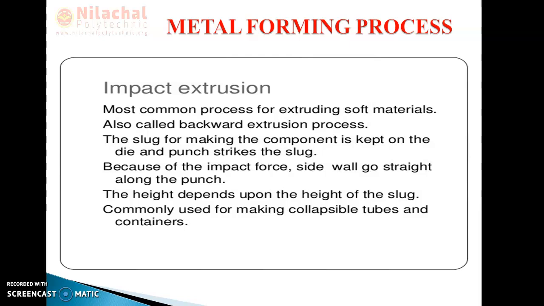The slug for making the component is kept on the die and the punch strikes the slug. Because of the impact force, the side wall goes straight along the punch. The height depends upon the height of the slug. It is commonly used for making collapsible tubes and containers.